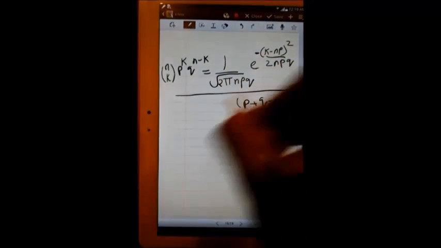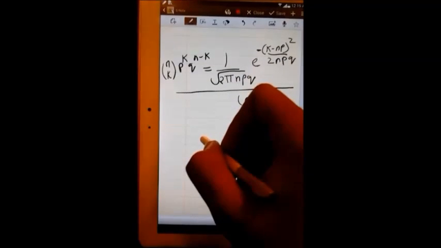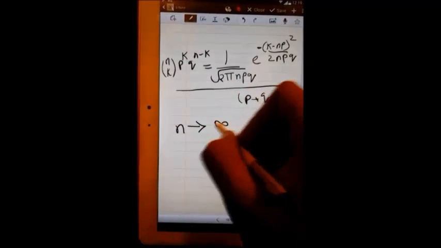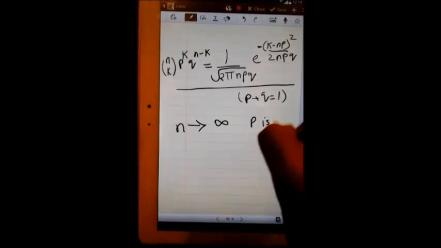This is the normal approximation for n very large, that is, n tends to infinity, and p is fixed.